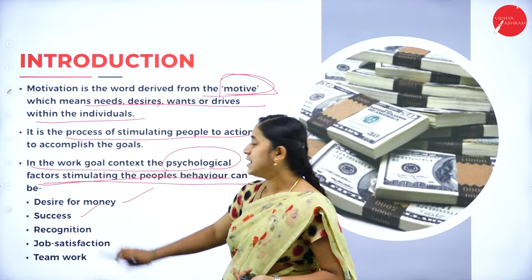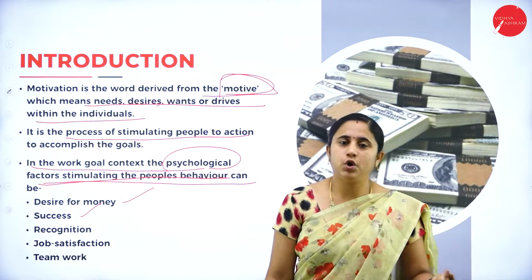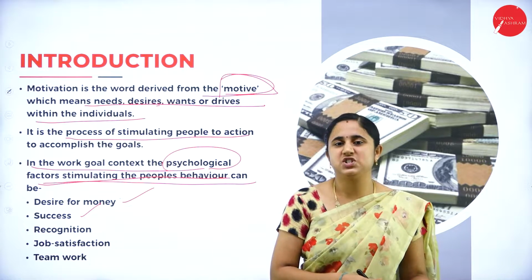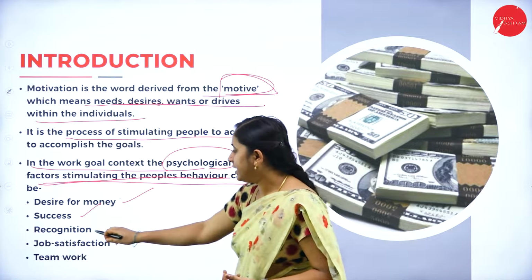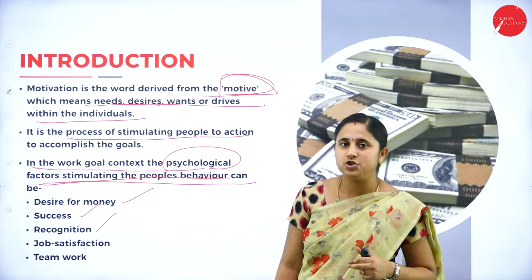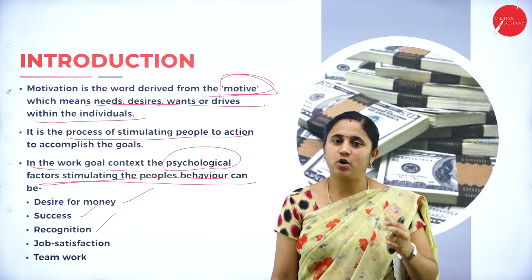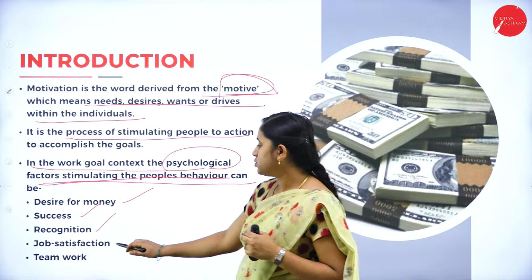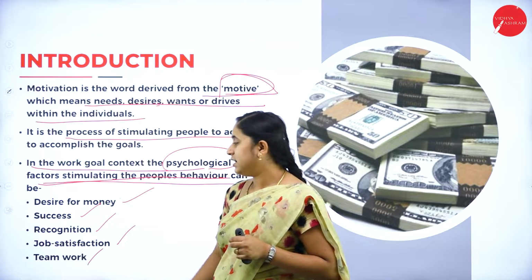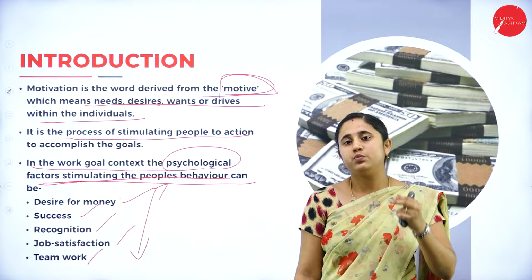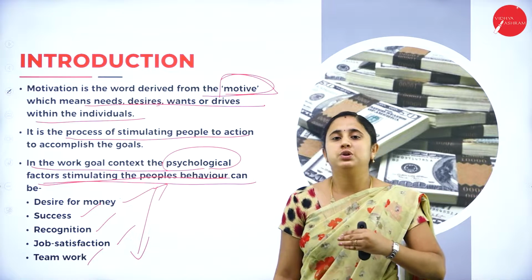Next one, success. Success is also a promotion, or any success in the field of your specialization. Next one, recognition from the top management. Recognition from the top management for your work is a desire or need of an individual. Next one, job satisfaction and teamwork. All these are the psychological factors which stimulate an individual to take action.